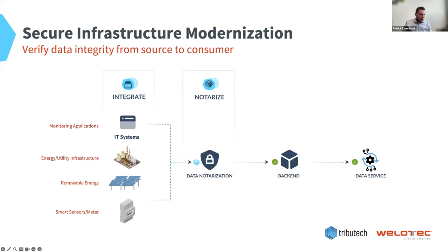And we then also offer the technology to distribute the data to higher level systems so that they can consume the data within their platforms and applications and also verify it before they take any relevant action.